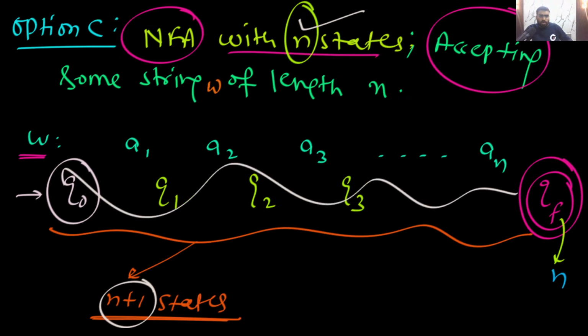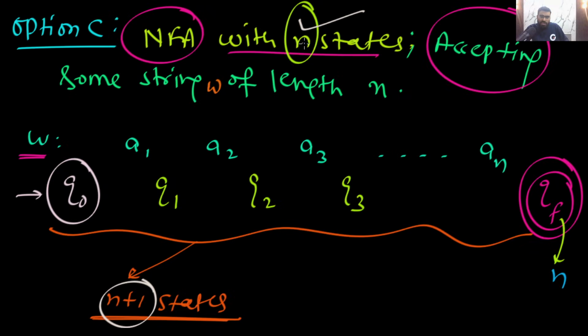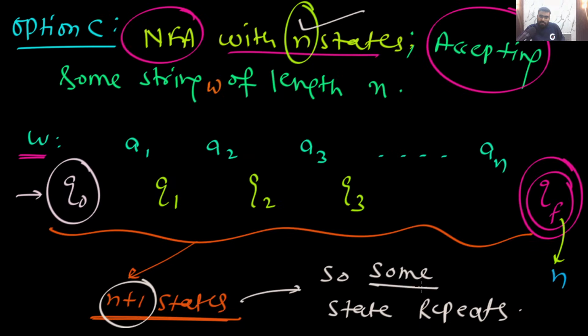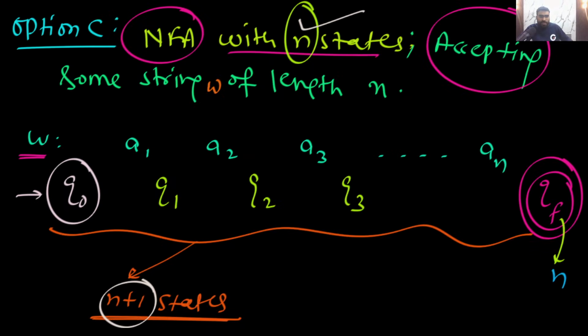So some state will repeat. Yes or no? I can say some state will definitely repeat. For example, let's assume this state Q1 is repeating.